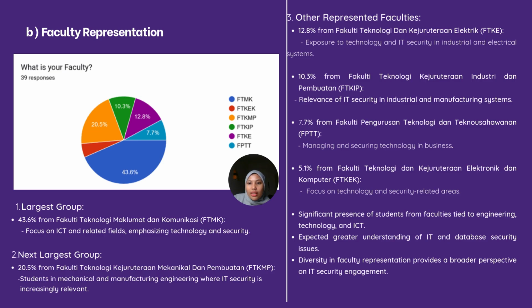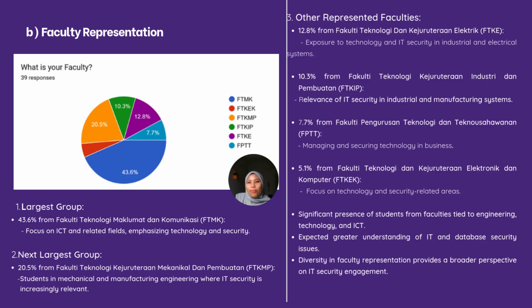The other represented faculties are FTKE at 12.8 percent, whose students are often required to have IT security knowledge for industrial and electrical systems. The next is FTKIP at 10.3 percent, which focuses on industrial and manufacturing technology intersecting with IT security needs.